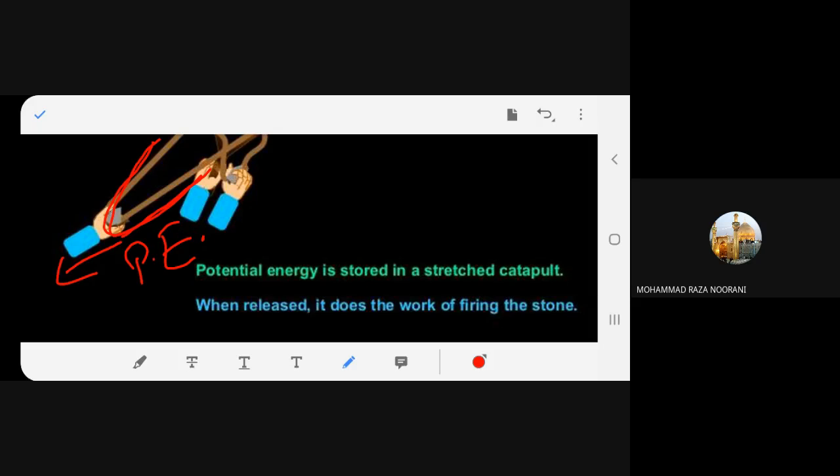You understand? Work cannot be done if there is no force, isn't it? If there is no energy. Energy has to be in a stored form. Then you can use it in the form of work. Got it?